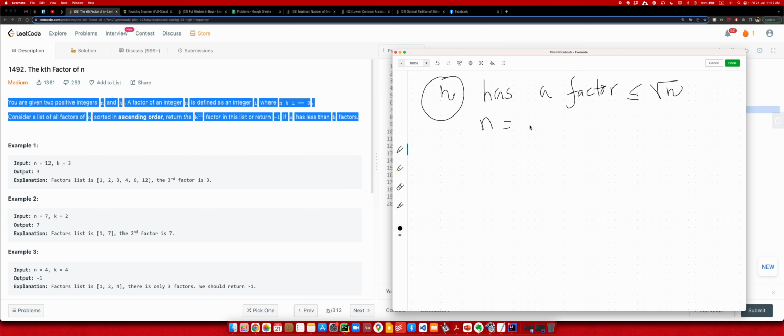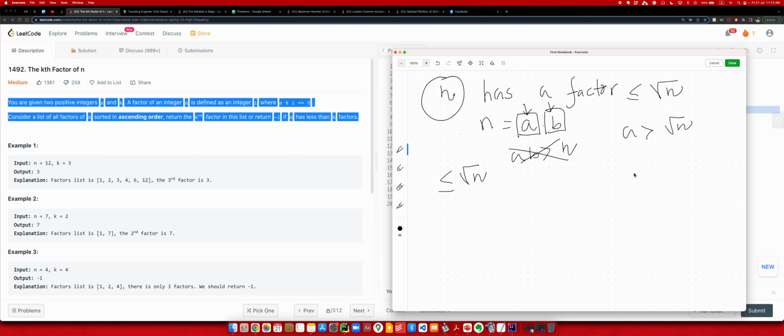Because we can express n equal to a times b, where a is a factor and b is another factor. If a and b both were greater than root n, then a times b would have been greater than n, which is not possible. So for every factor, at least one of the pair must be less than or equal to root n. Between a and b, at least one of them has to be less than or equal to root n.